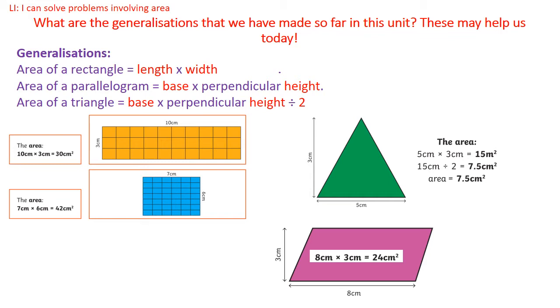So on that green triangle on your screen, the base is 5 and your height is 3, so 5 times 3 is 15. Because it's a triangle, so it's half of a rectangle, we divide that by 2, giving us the answer of 7.5 centimetres squared.